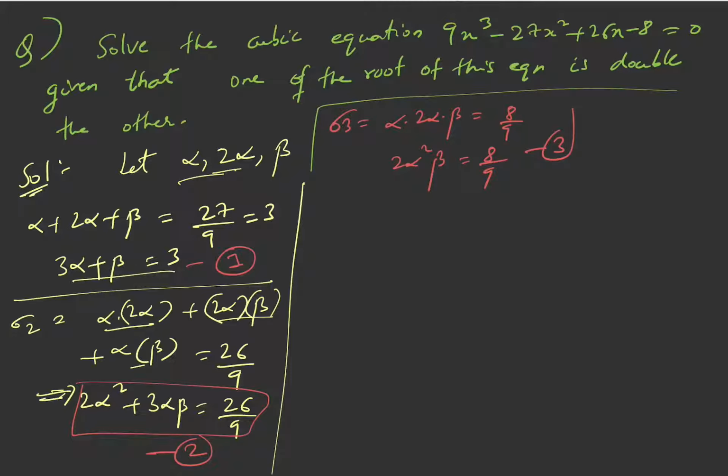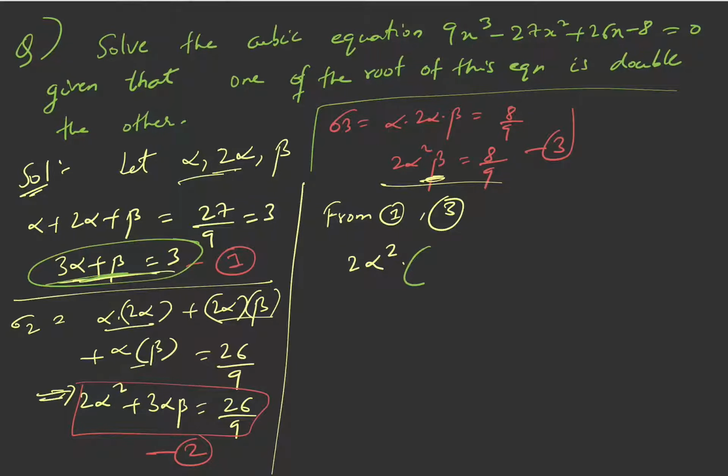Okay. Now from equation 1 and equation 3, 2 alpha square into the value of beta, I am taking the value of beta from equation 1. It is 3 minus 3 alpha. This is equal to 8 by 9, right?